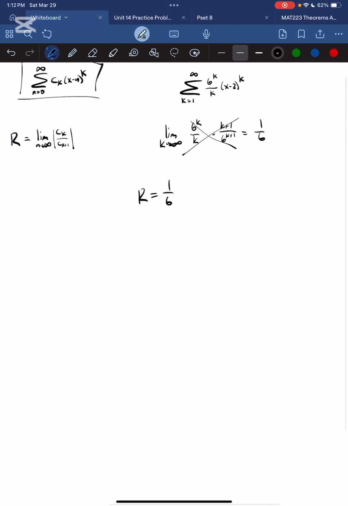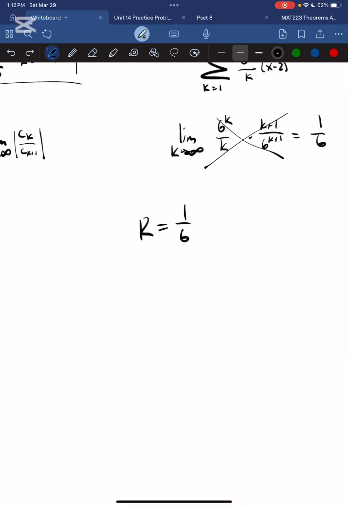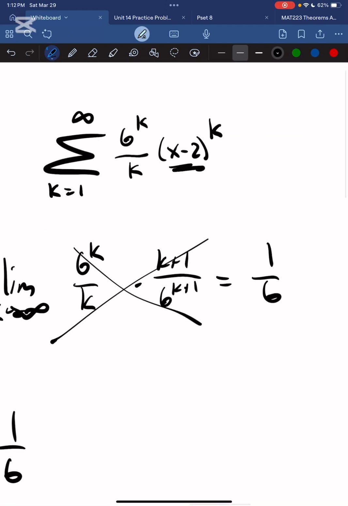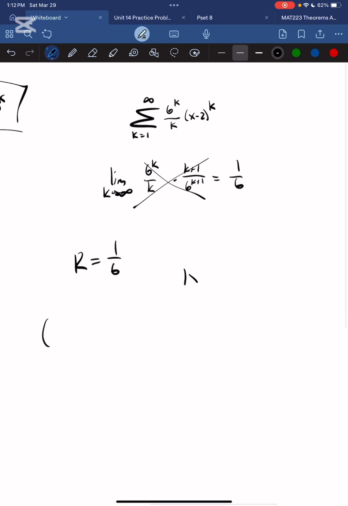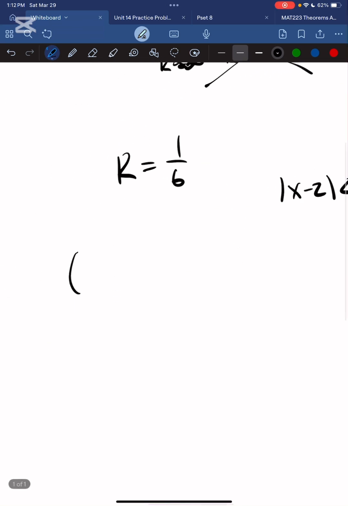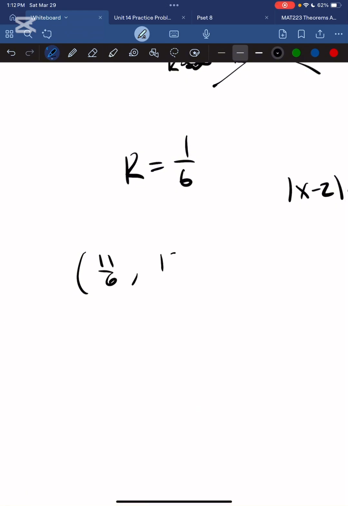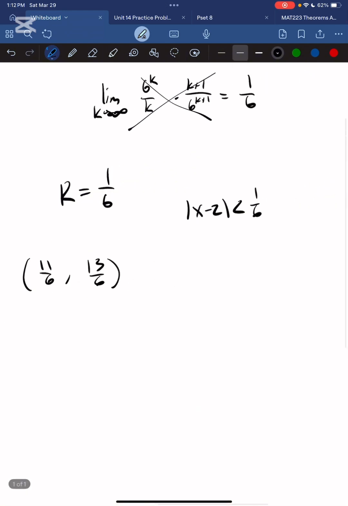But the radius of convergence, since it's centered at 2, then we know the interval of convergence, before checking the endpoints, is the absolute value of x minus 2 less than 1 over 6. And this ends up being 11 over 6 to 13 over 6. And now checking the endpoints.